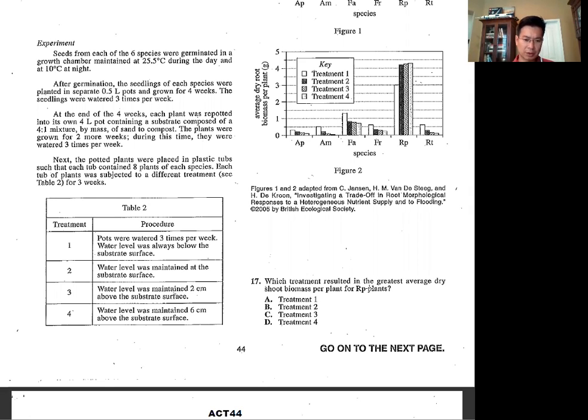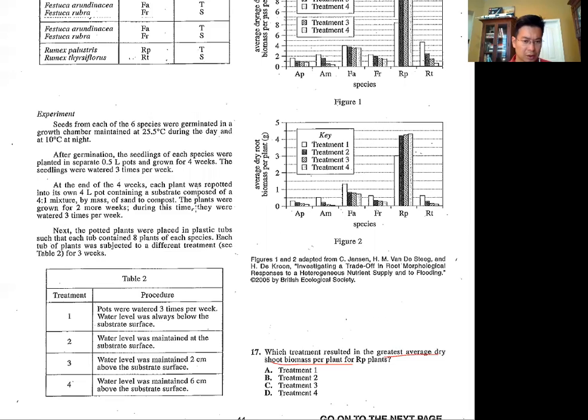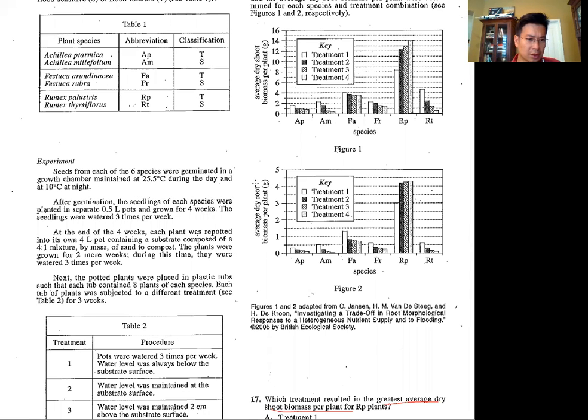What treatment results in the greatest average dry shoot biomass per plant for RP? Let's see, we have to find something about dry shoot. Right here you can see this one and this one. The dry shoot is the first one only.